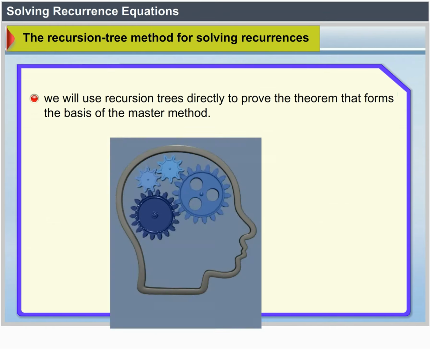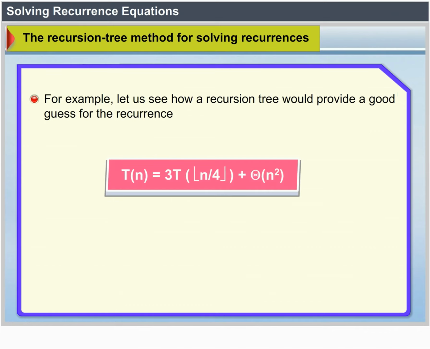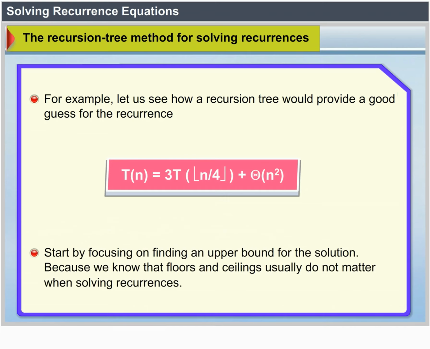For example, let us see how a recursion tree would provide a good guess for the recurrence T(n) = 3T(floor(n/4)) + Theta(n^2). Start by focusing on finding an upper bound for the solution, because we know that floors and ceilings usually do not matter when solving recurrences.